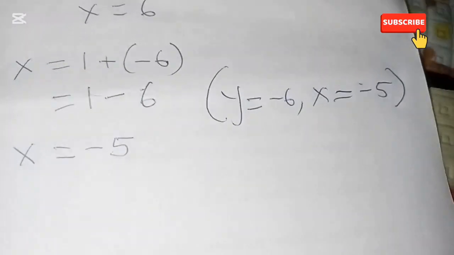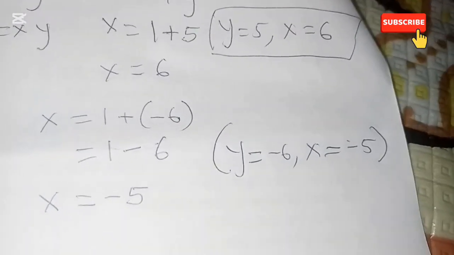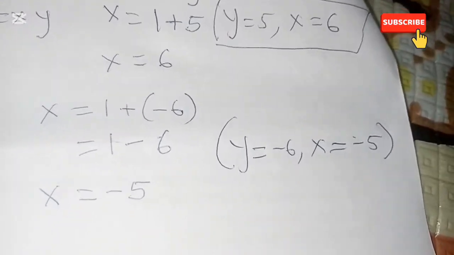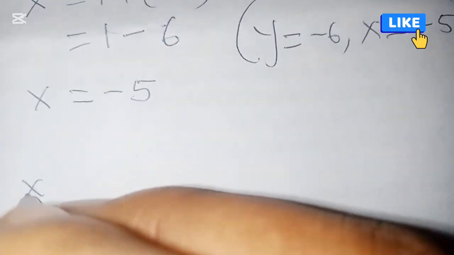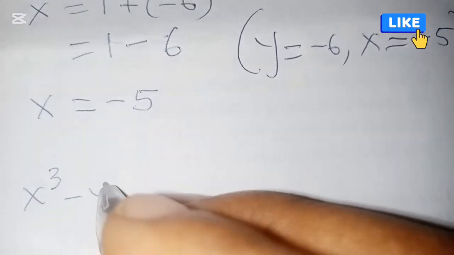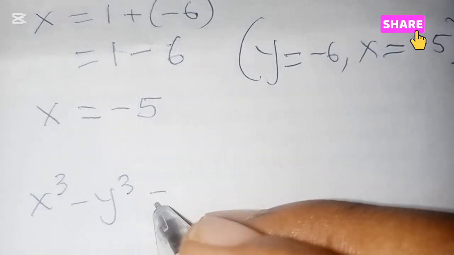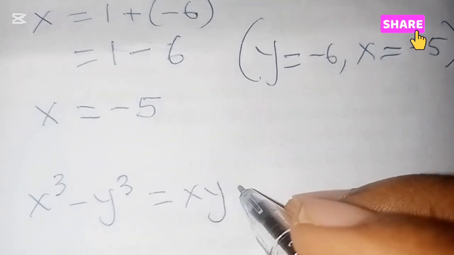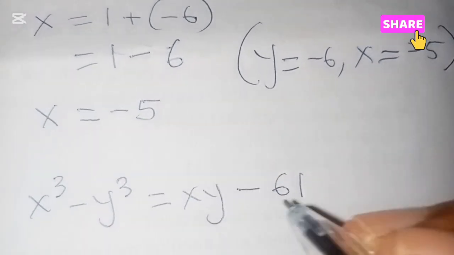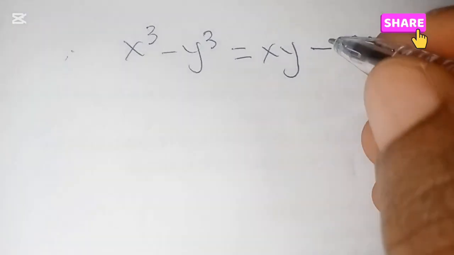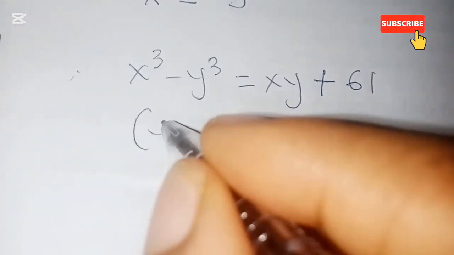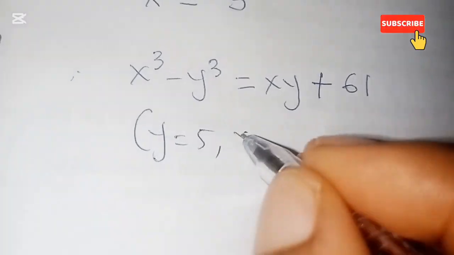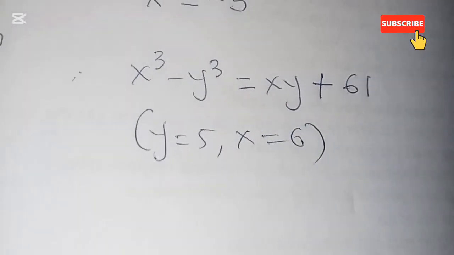So now we are going to use all this to substitute in our original equation, which is x cubed minus y cubed equal to xy plus 61. So using the first one, y is 5, x is 6.